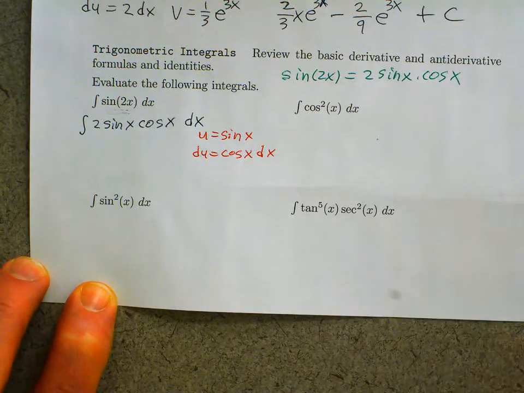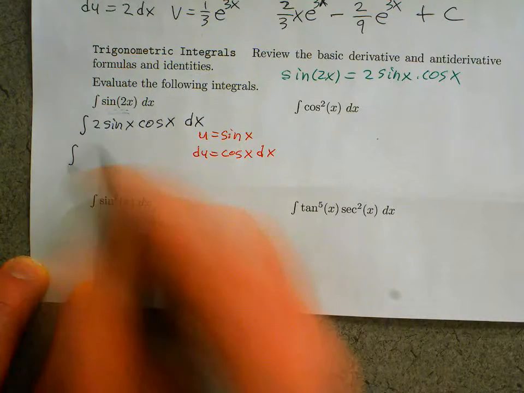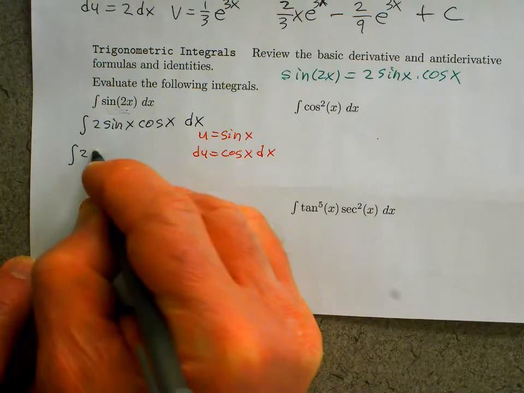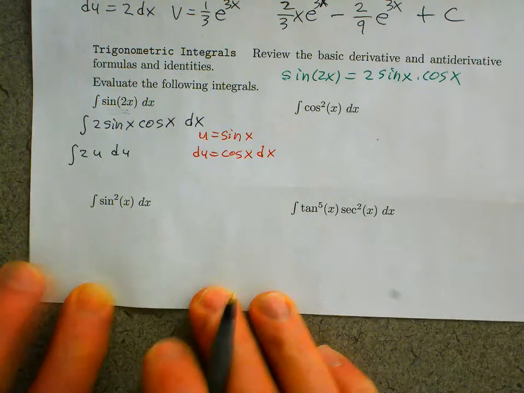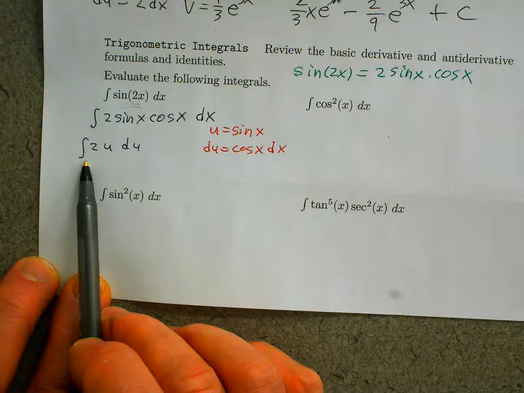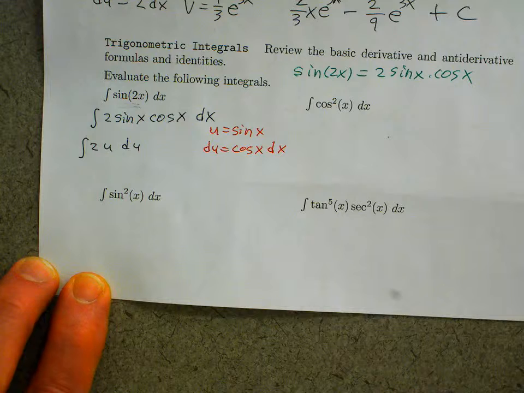So when I substitute, I get the indefinite integral of 2u du. And then what's the antiderivative of 2u? U squared?